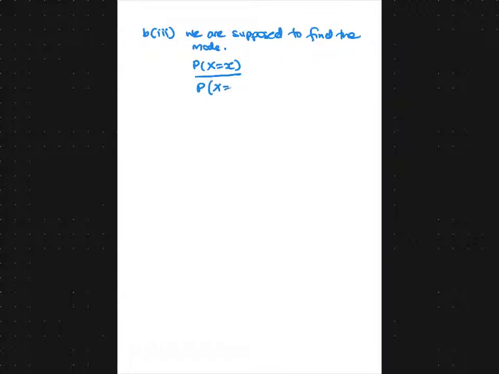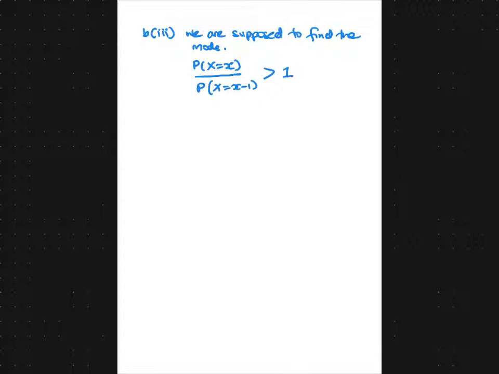For the last part, which is B part 3, we are supposed to find the mode. To find the mode, we look for P(X equals x) over P(X equals x minus 1) to be greater than 1.